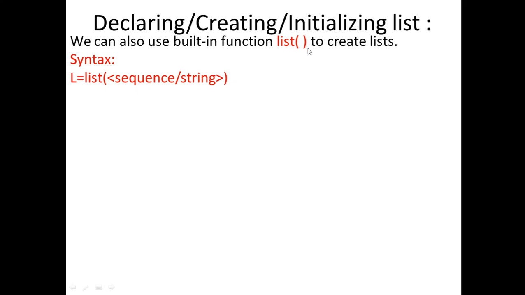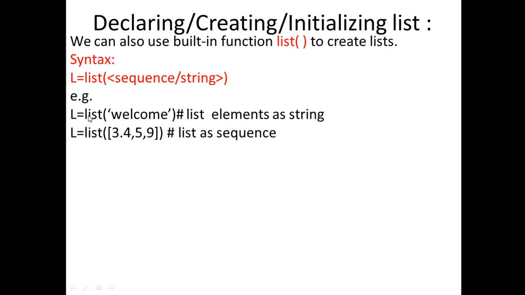Here you can use the method also, and the syntax is: name of the list L equal to list in small letters, and under the parenthesis of the function you provide the argument as a sequence or a string. Either you provide the sequence under the square brackets or you can directly write a string for creating the list.